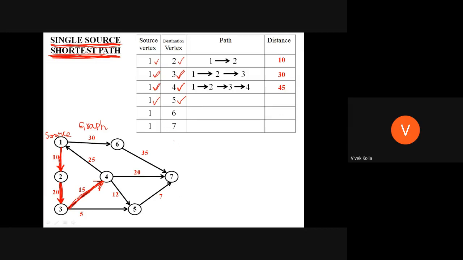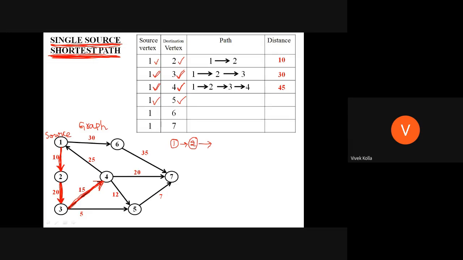So look, from node 1 I can travel up to node 2. From 1 to 2 the distance is 10.